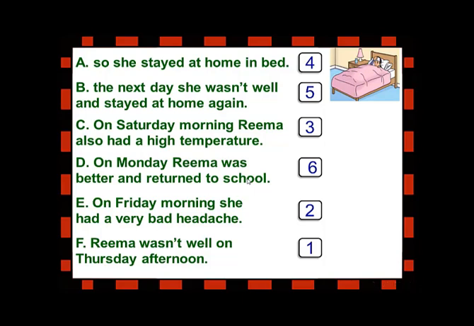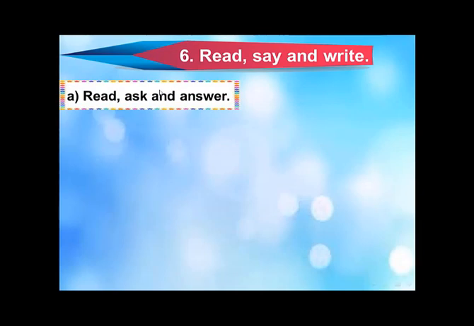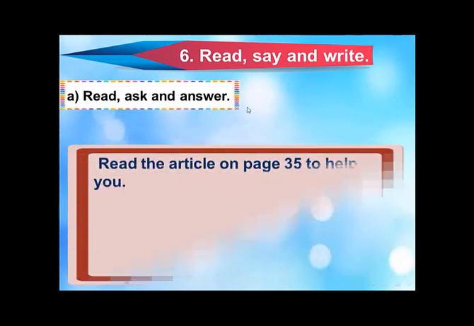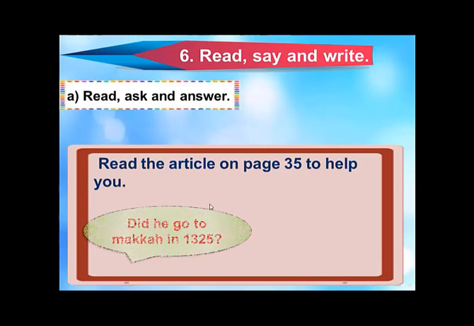Now let's move to an important exercise, that is exercise number 6. Read, ask, and answer. I want here to form some questions using did. And these questions depend on reading the article on page 35 about Ibn Battuta.